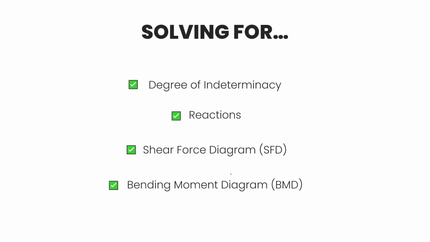So that being said, we have ultimately solved for all the 4 parameters. We have solved for the degree of indeterminacy, which came out to be 0, thereby showing that this was a statically determinate structure. And we could have easily solved it using the equations of equilibrium, which we eventually did. We found the reactions using the equations of equilibrium as well as the free body diagram.